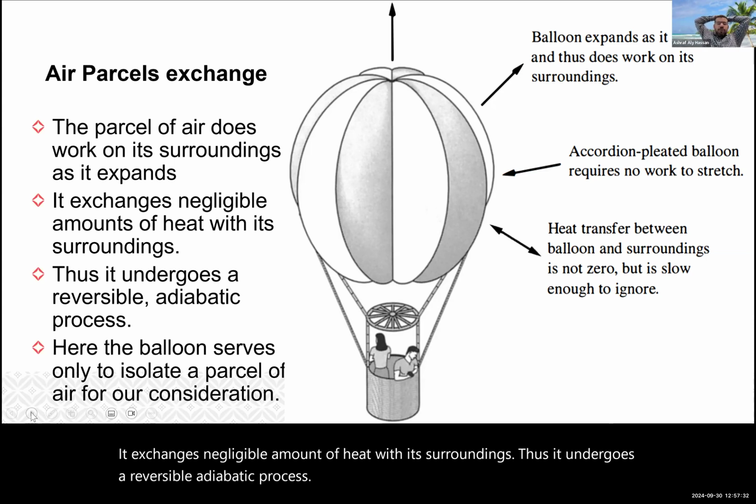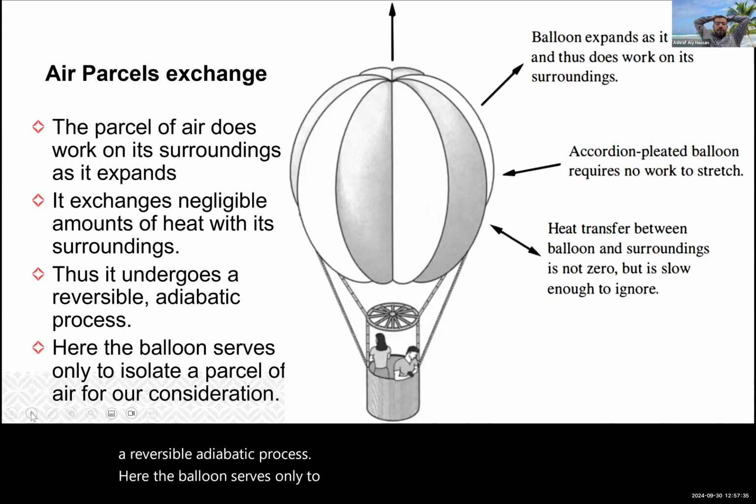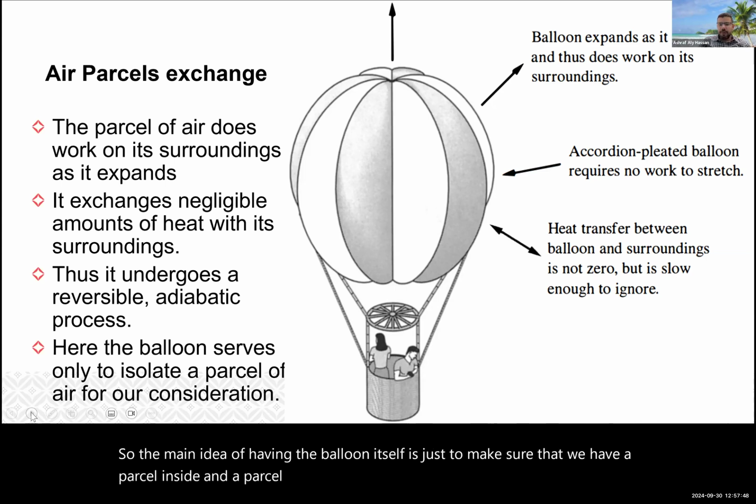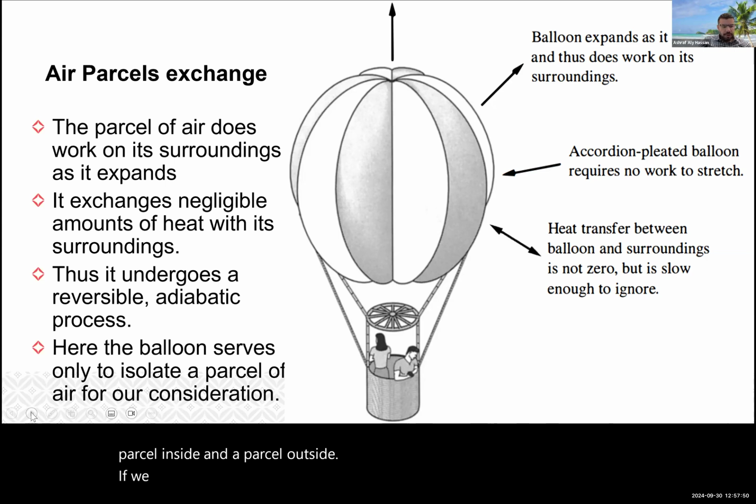Here, the balloon serves only to isolate a parcel of air for our consideration. The main idea of having the balloon is just to make sure that we have a parcel inside and a parcel outside. If we can separate them by any other means, this should also work.